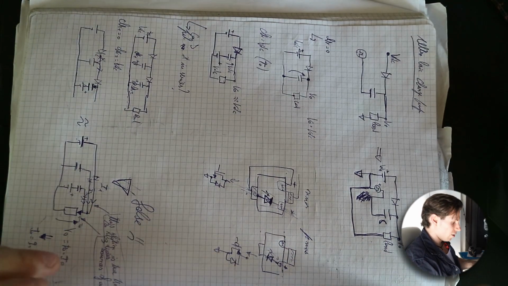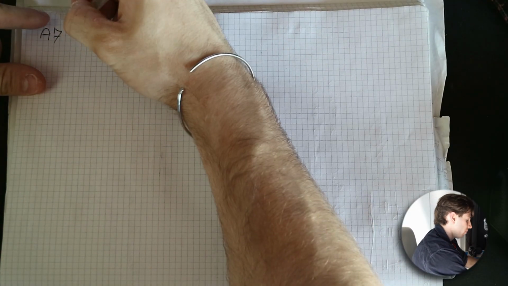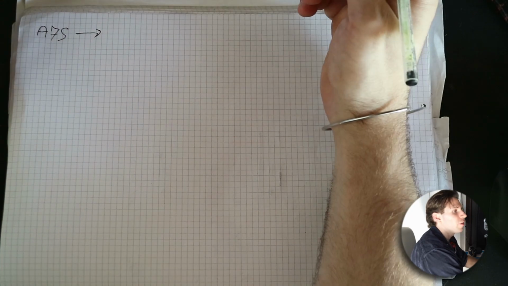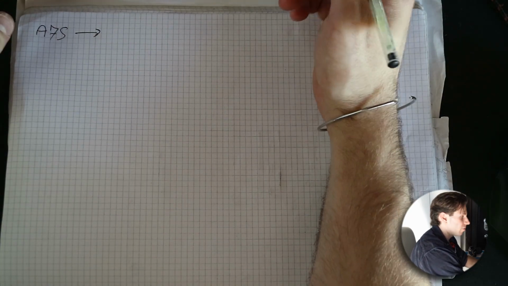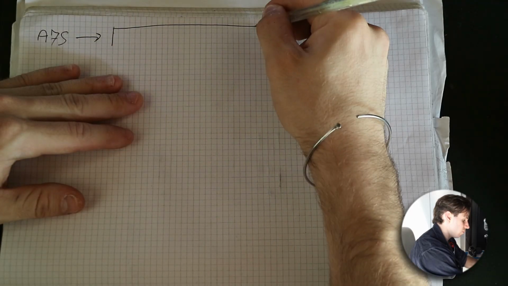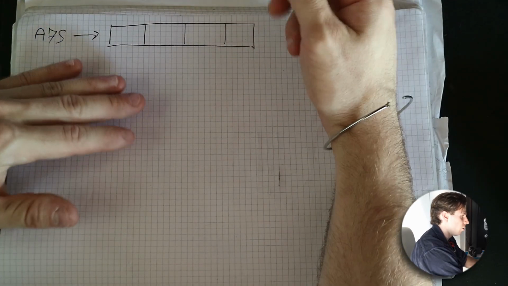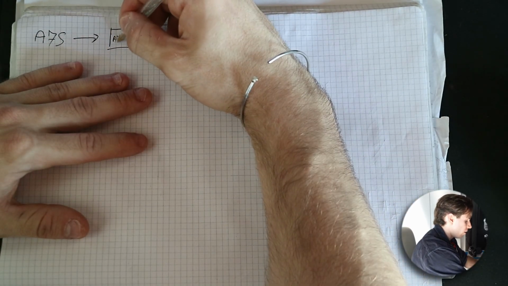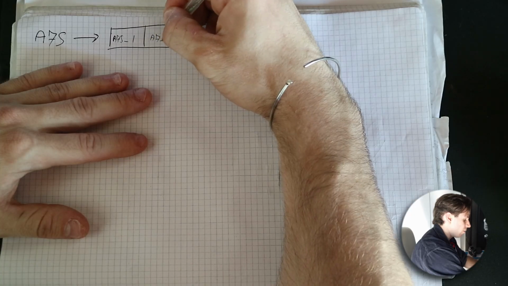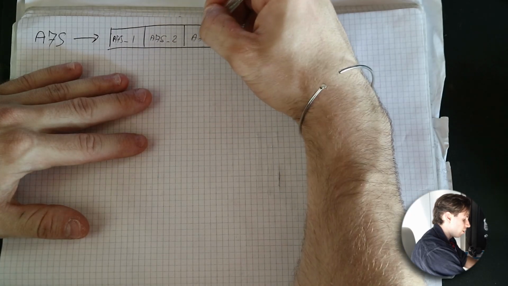I'll try to explain my idea to synchronize, at least for renaming purposes, my videos. Let's find a new page. Imagine that in the A7S folder, I have 4 files. I'm going to call them A7S1, A7S2, and so on.